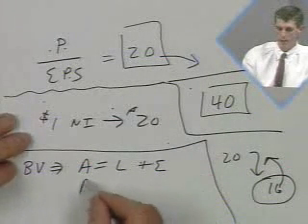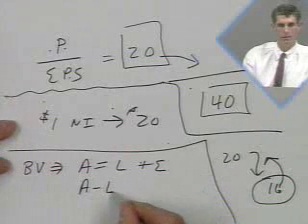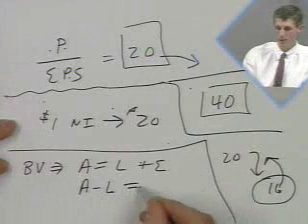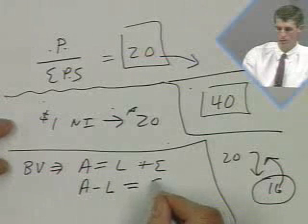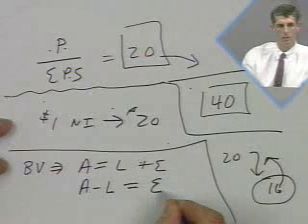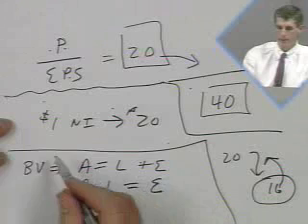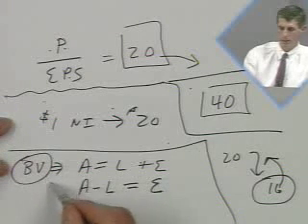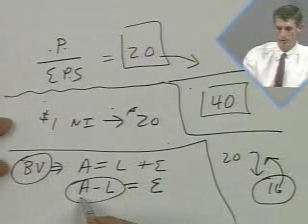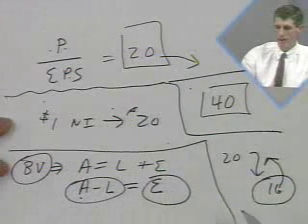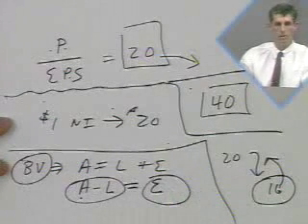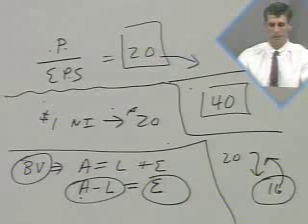Book value is assets minus liability, which is equal to equity. So in terms of accounting, the book value of a company is either assets minus liabilities, or, said differently, it's equal to the amount of accounting equity.